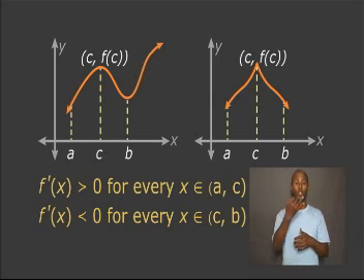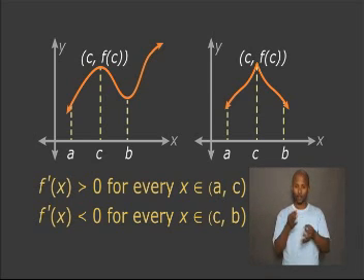f prime of x is greater than 0 for every x that is part of the interval (a, c) and less than 0 for every x that is part of the interval (c, b).